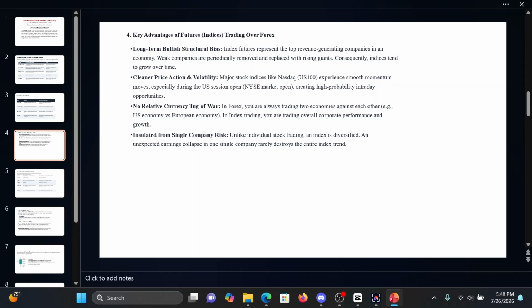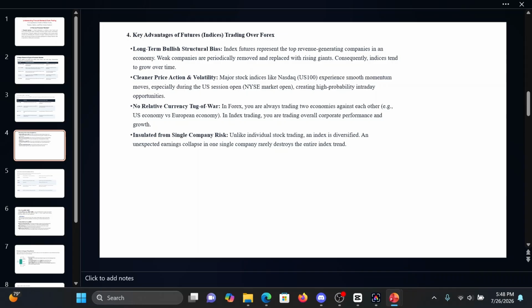Let's look at cleaner price action and the volatility. Major stock indices like NASDAQ experience smoother momentum moves, especially during the US session open, creating high probability intraday trading opportunities.